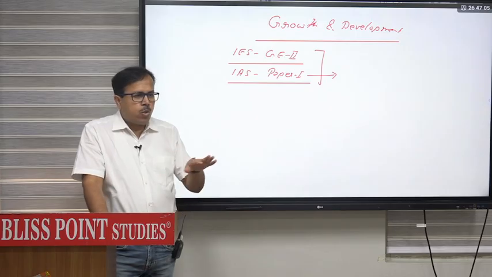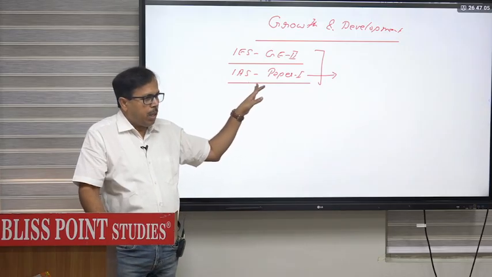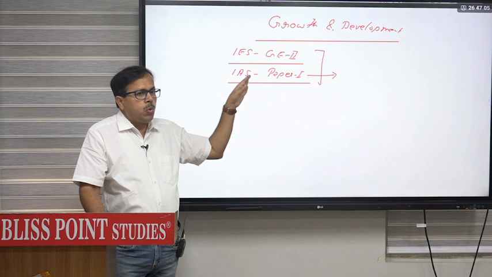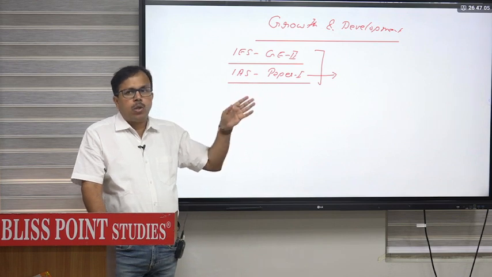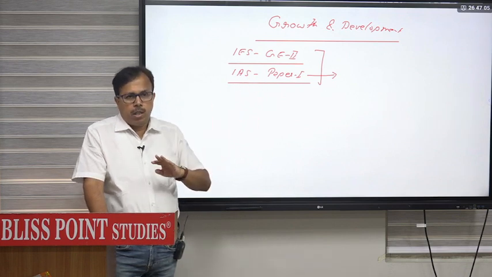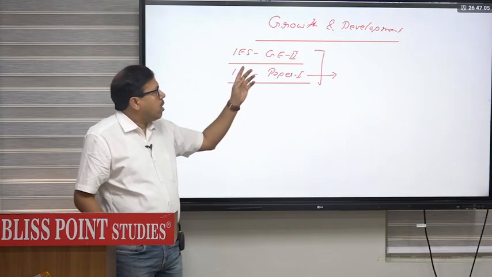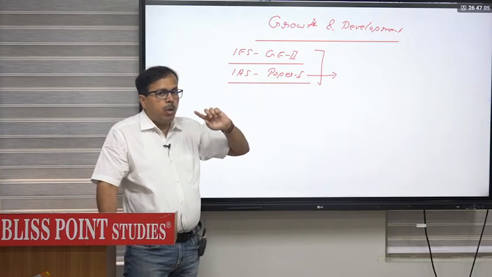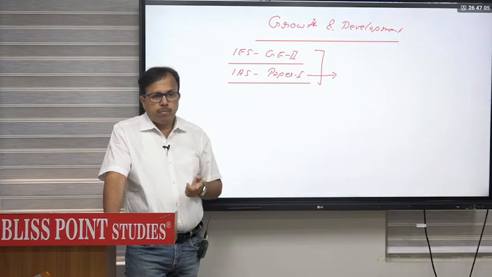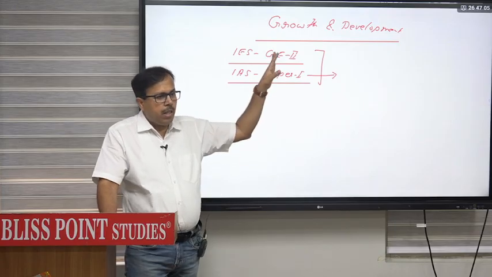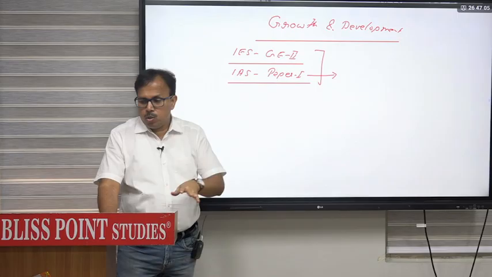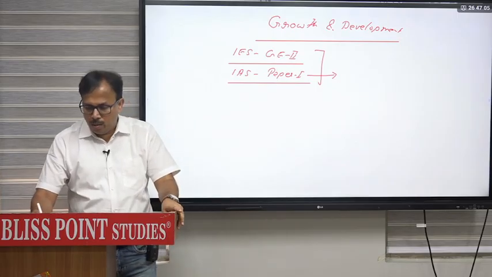So all index of development or human development. This will also include the planning. This will also include the environmental economic section. But in economic service, environmental economics is part of G3. Clear?